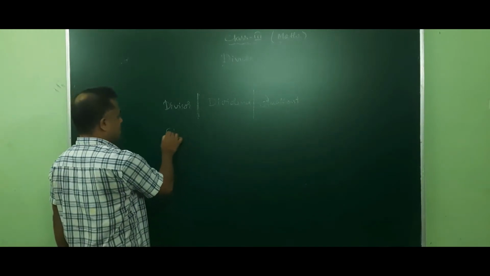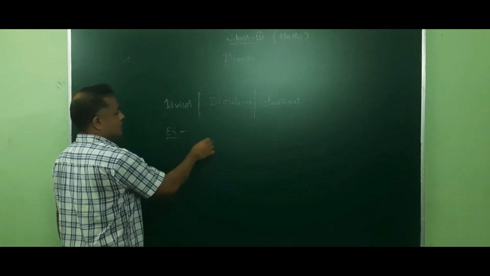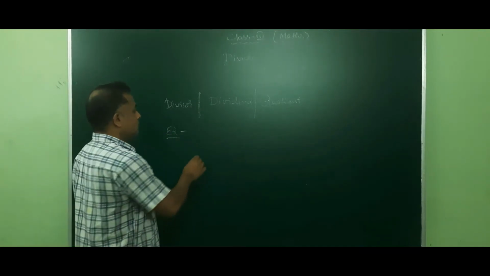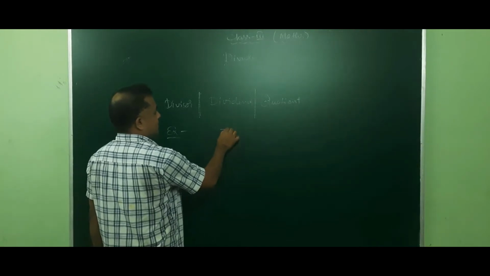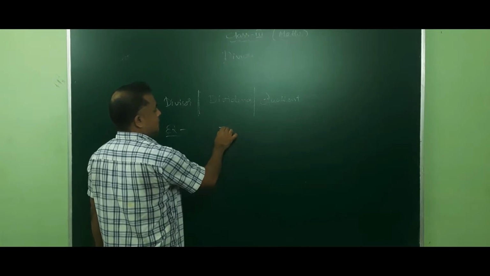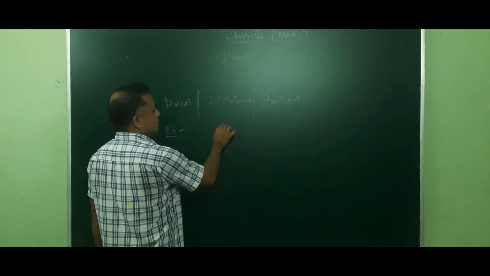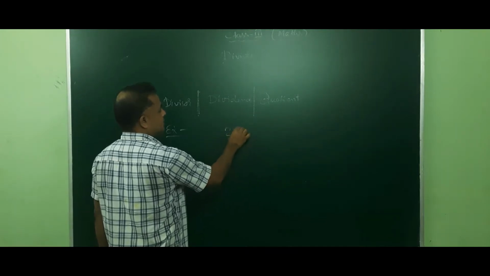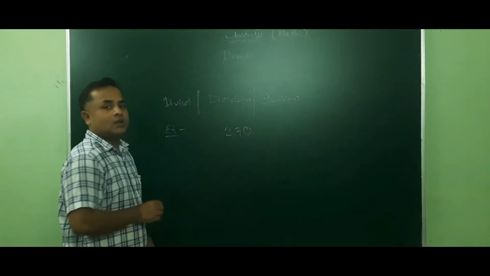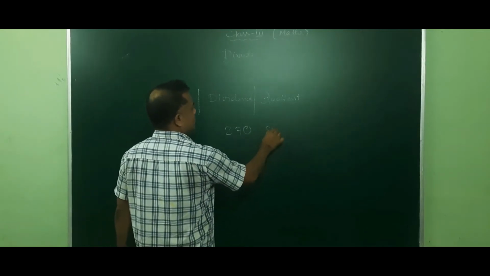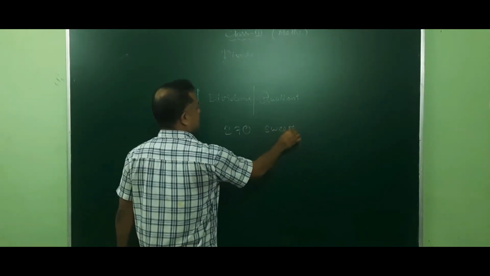Suppose, for example, there are 270 sweets or oranges or something. So let's assume it is sweets.